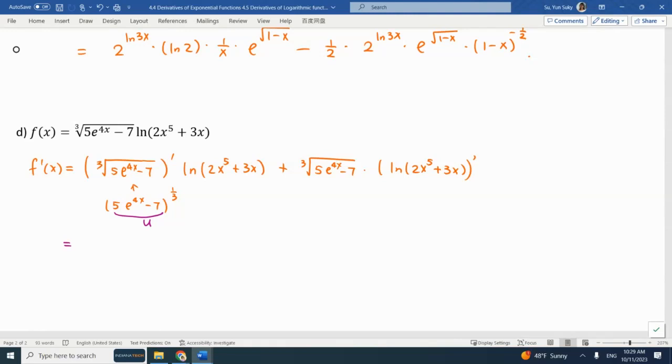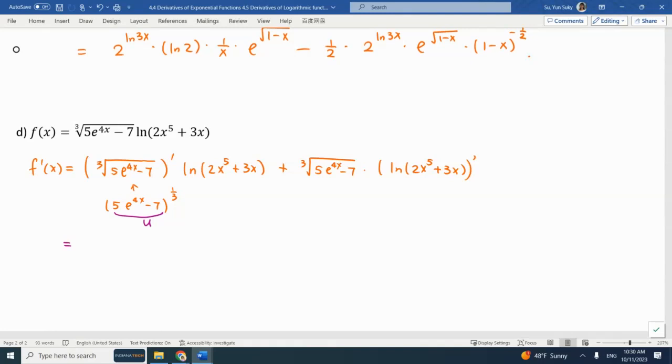So look at it from the outside. Don't look at the inside. Don't let the 4x and 7 confuse you. Look at the outside. The outside is something to the 1/3, right? So always look at it from the outside to the inside. Like, how do you peel an onion? Do you know what it looks like inside the onion before you peel out the first layer?